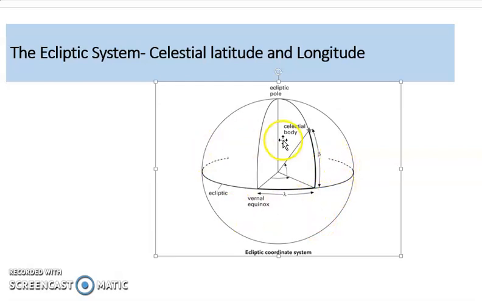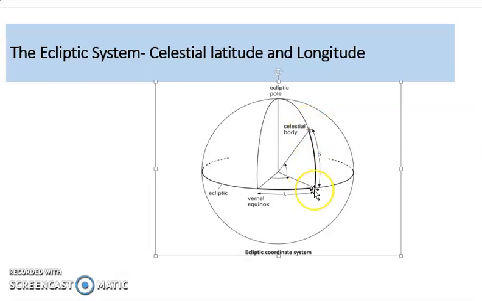This is the ecliptic drawn. Again, we have turned the figure slightly in order to make the ecliptic horizontal, and this is the ecliptic pole, and we can draw a great circle from the pole through the star to this ecliptic.